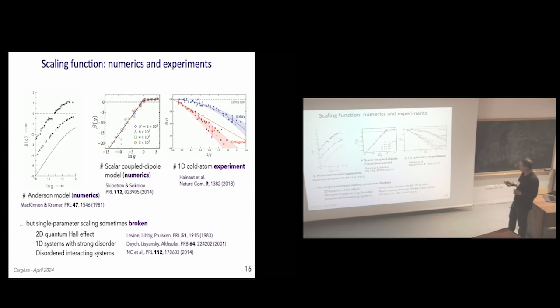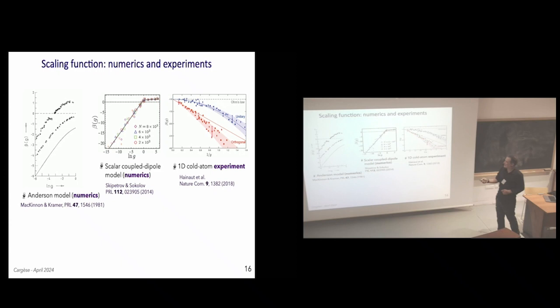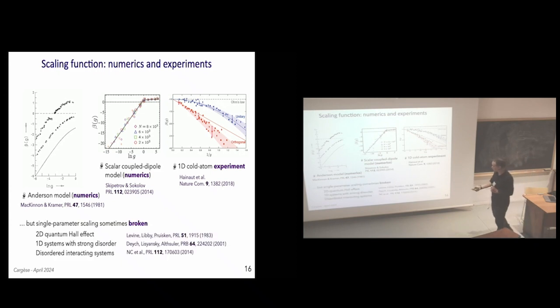So you see from this couple of examples that this single parameter scaling of the conductance, this beta function, is really a sort of universal property of Anderson localization. But to conclude this section, I would like to nuance this statement by mentioning that the single parameter scaling argument of Abrahams and co-workers is sometimes broken.